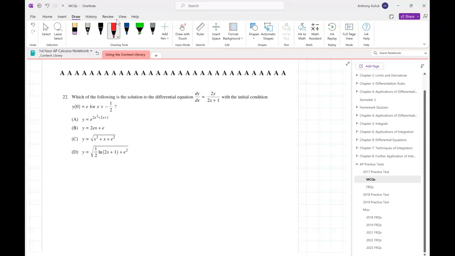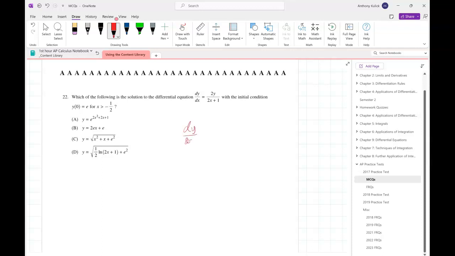And I didn't see any shortcut to doing this other than doing your separable differential equation stuff, which stinks, but it is what it is. You guys ready to go? Let's see it.